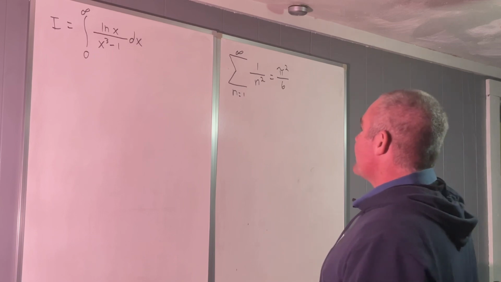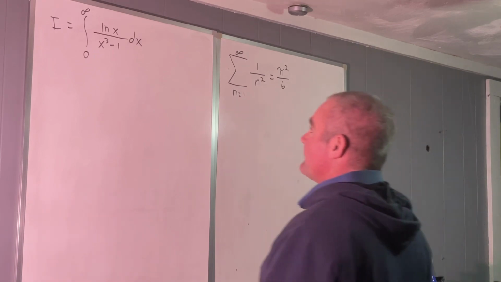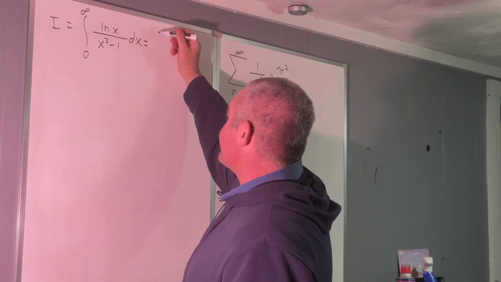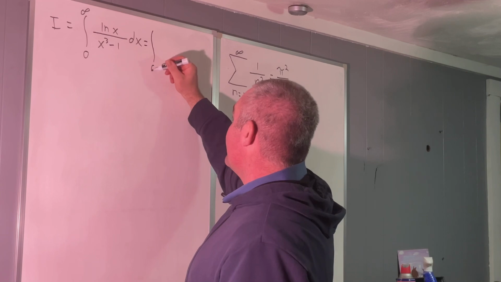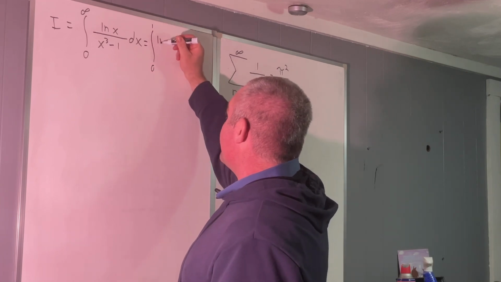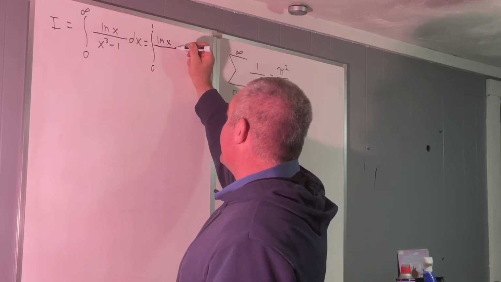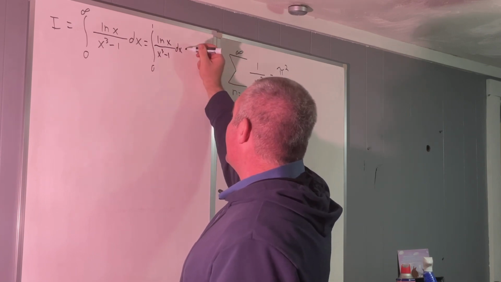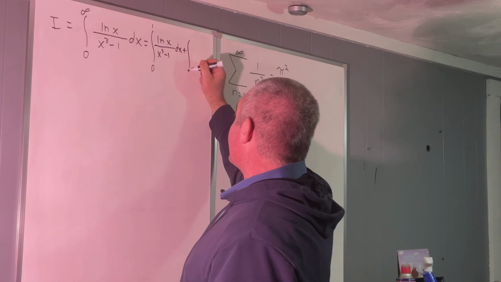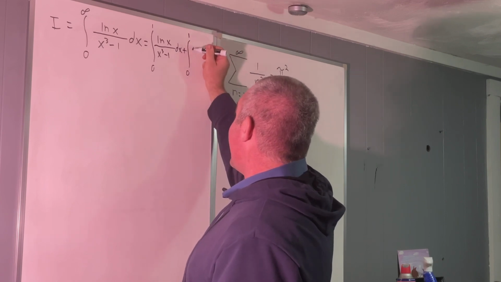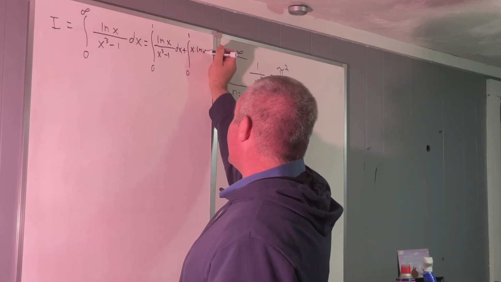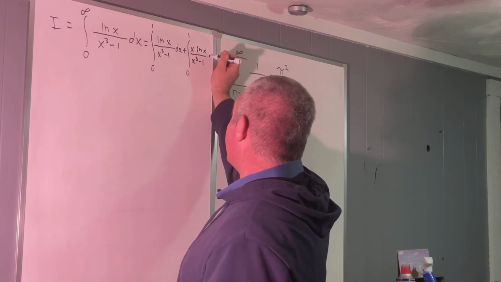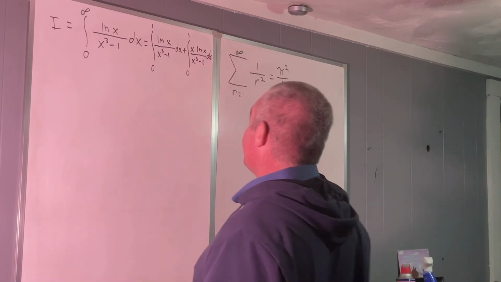All right, so let's get started. Right off the bat, I'm just going to set this equal to the integral from 0 to 1 of natural log x over x cubed minus 1 dx plus the integral from 0 to 1 of x natural log x over x cubed minus 1 dx.